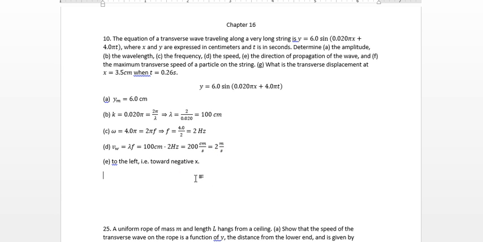The maximum transverse speed of a particle on the string. So now we're talking about when the string is going back and forth and back and forth.